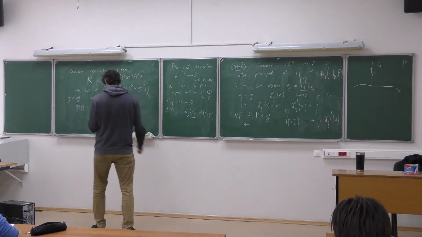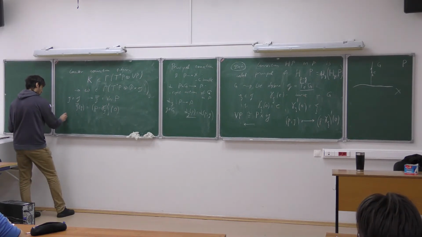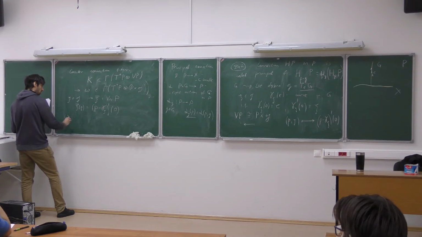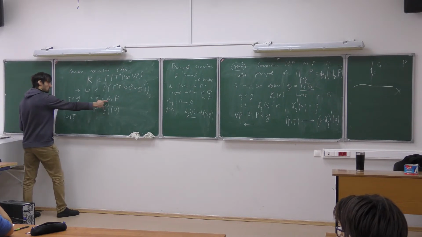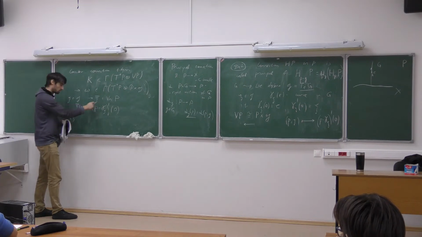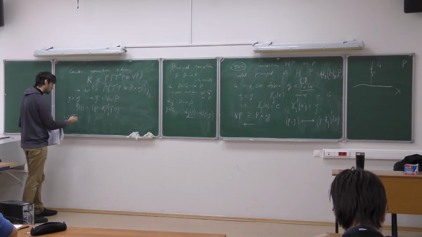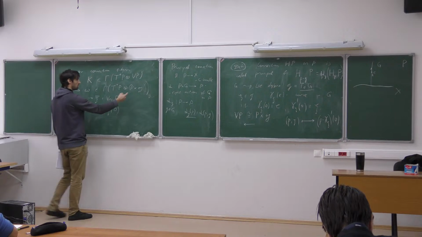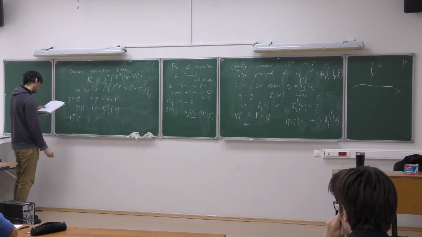Right. And so by construction, I claim that omega of psi bar, so if my omega is applied to this psi bar, then I get an element in here, right?